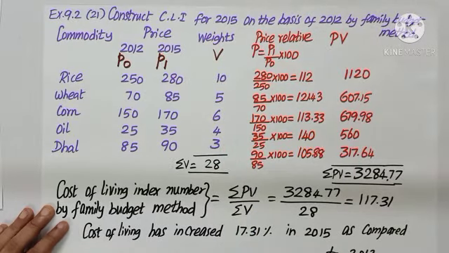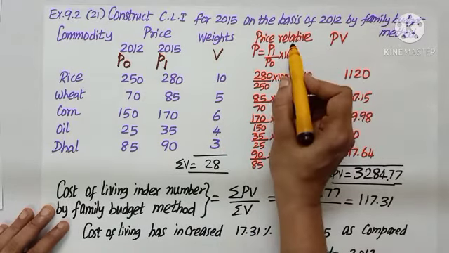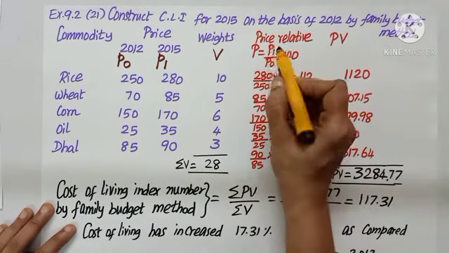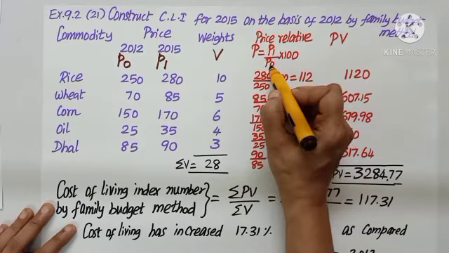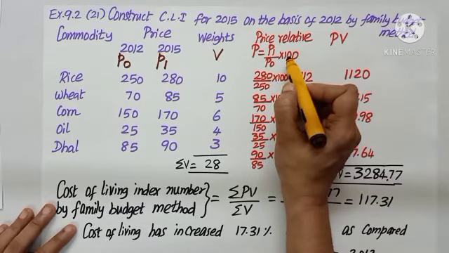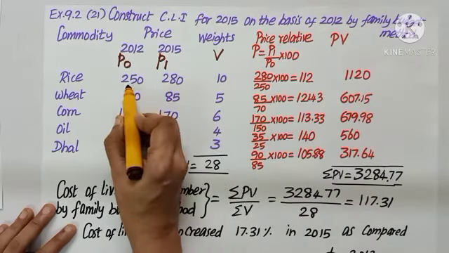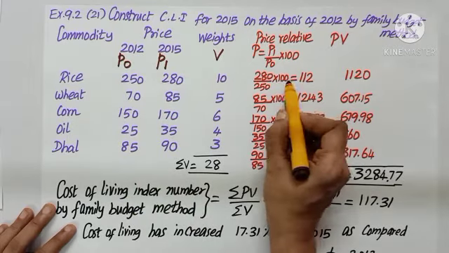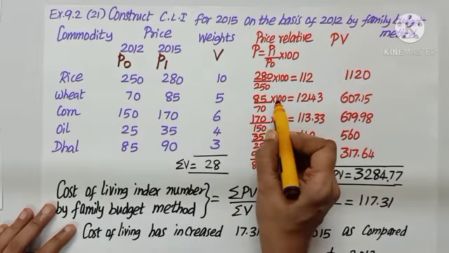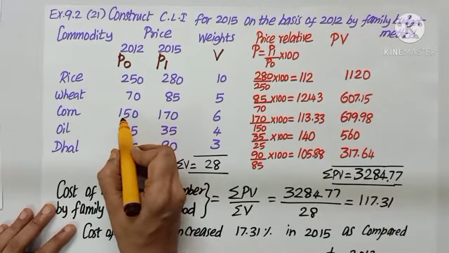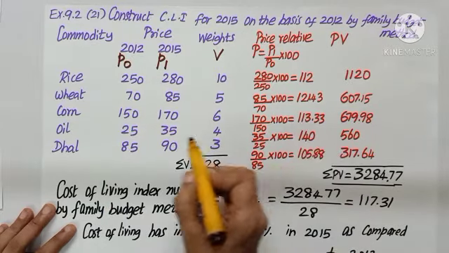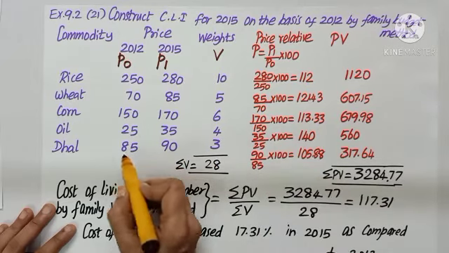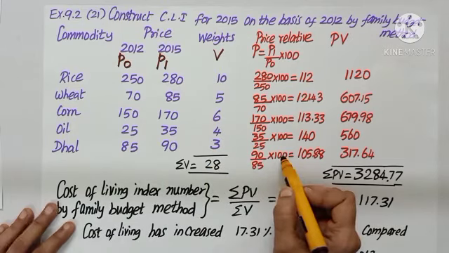We need to calculate something called price relative. That is the relative change in price. Current year price by base year price into 100. P1 by P0 into 100. So 280 by 250 into 100. 85 by 70 into 100. 170 by 150 into 100. 35 by 25 into 100. 90 by 85 into 100.